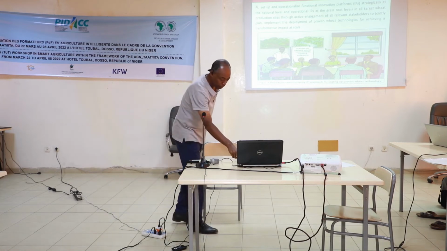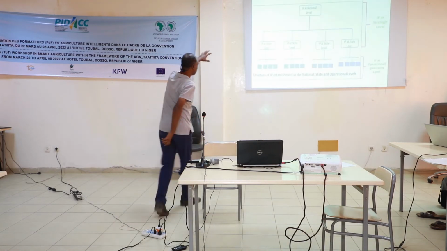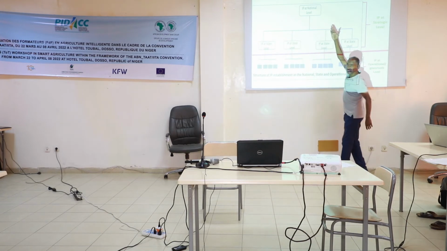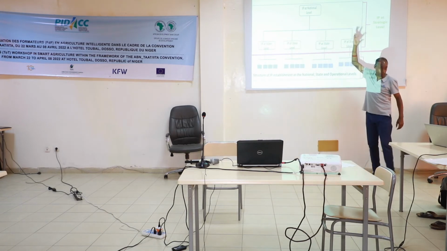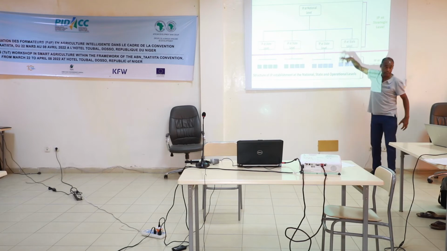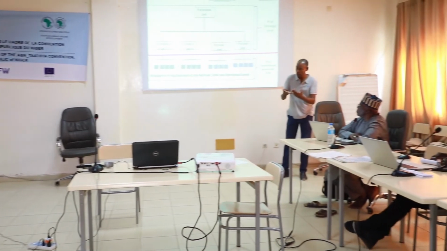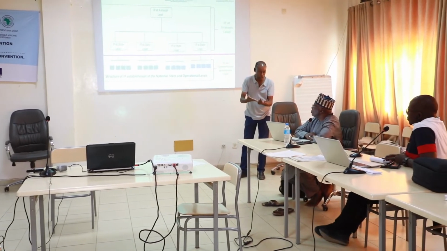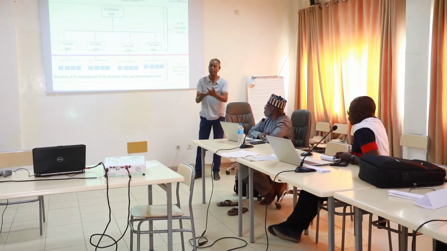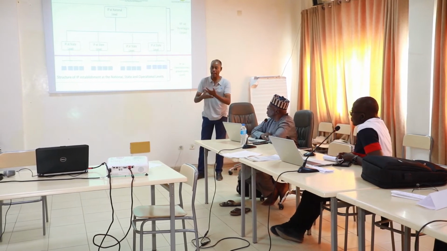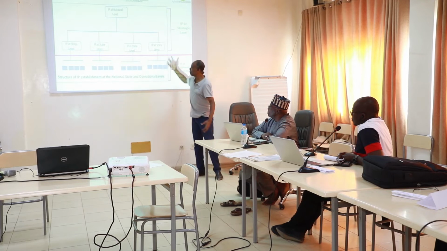So this innovation platform, look, should be created at the national level with policymakers, high policy level, at the state level with the state governors and all stakeholders, input providers, seed producers, financial institutions, research organizations, extension organizations, and all manufacturers.